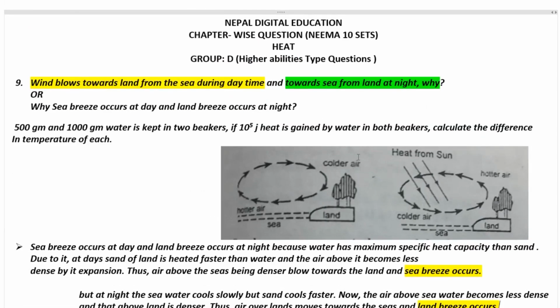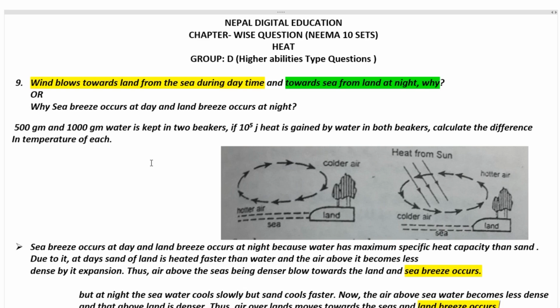So this is the diagram. The specific heat capacity of land is what? Less than the water. So at daytime, the land gets heated more quickly than the sea, and the air above the land gets heated and rises up. To fulfill the space of warm air, the cold air from the sea moves toward the land.